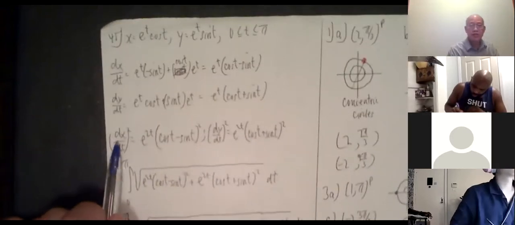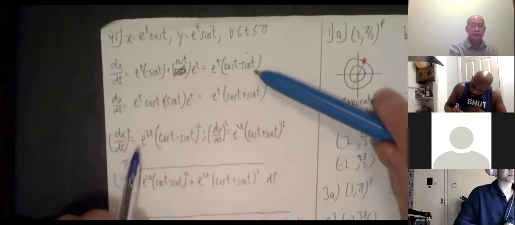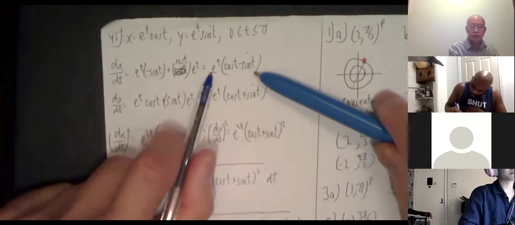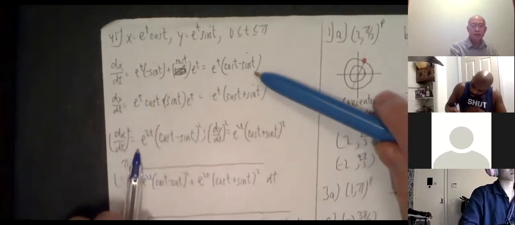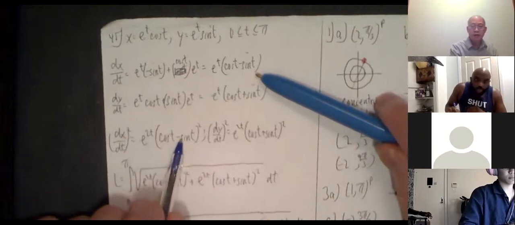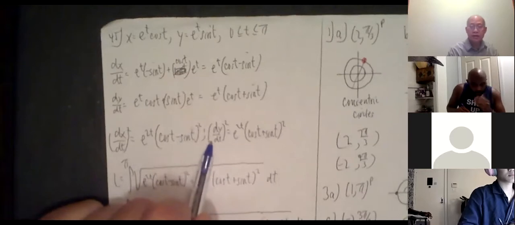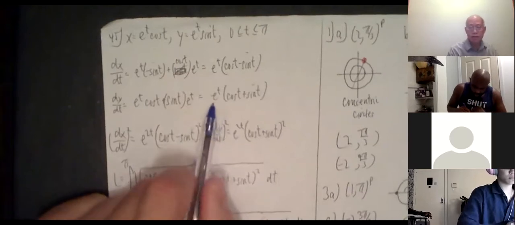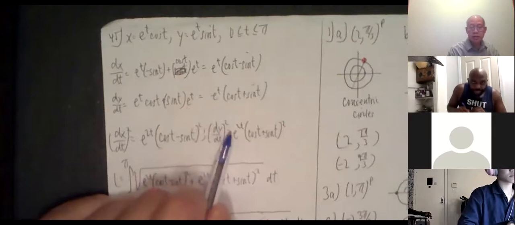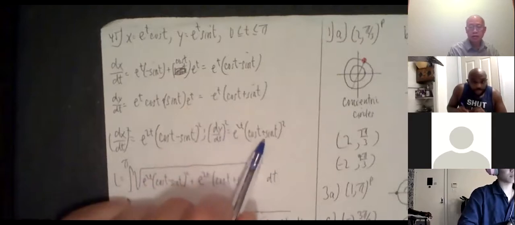So dx dt squared, I square this. So e to the t squared is e to the 2t, and then I have cosine t minus sine t squared. dy dt squared means I square this thing, e to the 2t cosine t plus sine t squared.